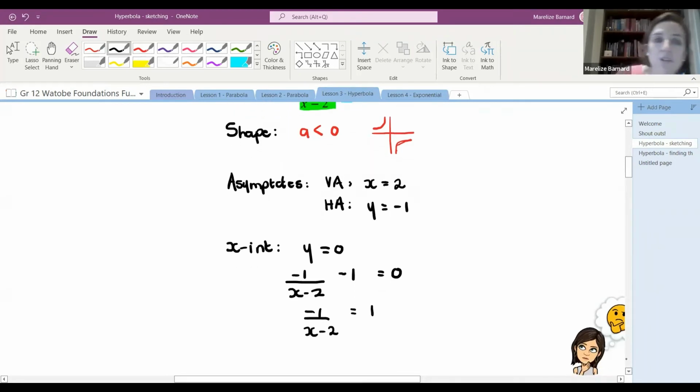Then we multiply both sides by x minus 2, because we need to get the x minus 2 out of the fraction. That gives me -1, and 1 times x minus 2 is just x minus 2.